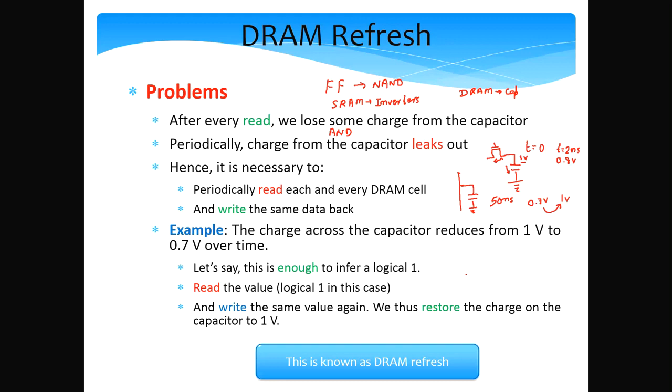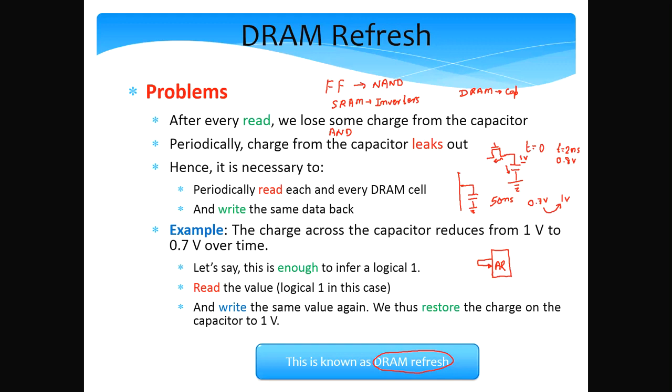This process is called restoring the value of a single DRAM cell, and the overall process where we read the contents of the entire DRAM array and refresh all the contents is known as a DRAM refresh. It's known as the DRAM refresh cycle, where all the contents are read and again written back.